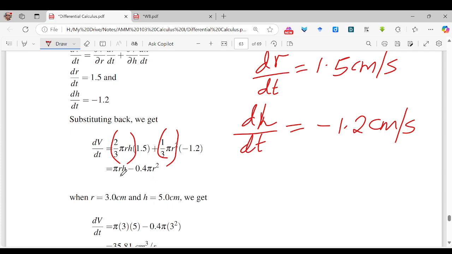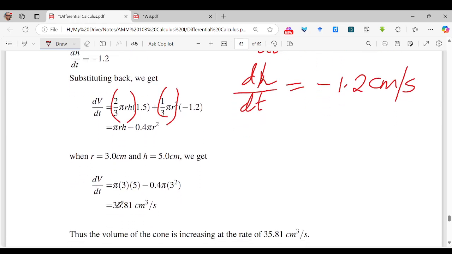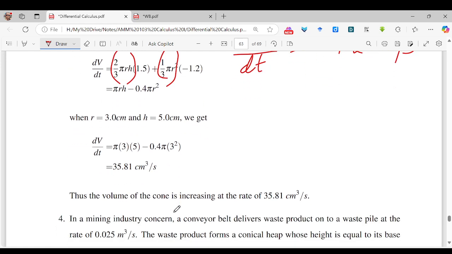So substituting r is 3 and h is 5 in this expression, we get 35.81 cubic centimeters per second. We notice that this rate of change is positive, and this means that the volume of the cone is increasing. The volume is increasing at the rate of 35.81 cubic centimeters per second.